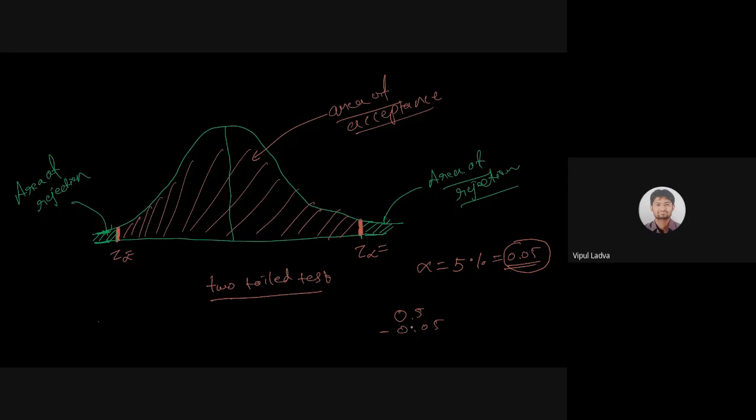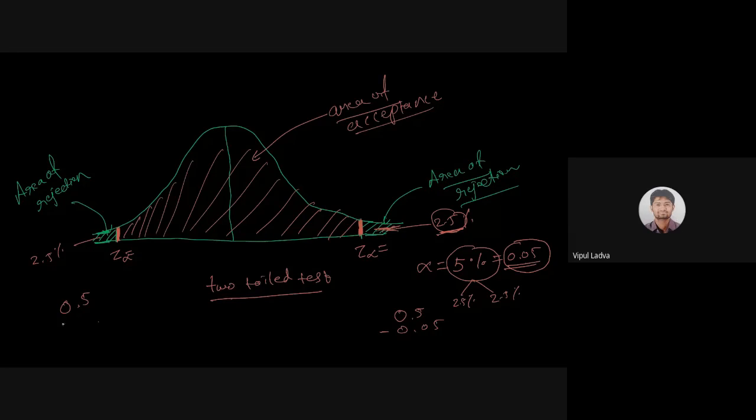Now what we need to do, I need to reject that 5% from both the sides, and that both side will be equally. So I will be dividing that 5% into two half, 2.5% and 2.5%. This will be my 2.5%, and this will be also my 2.5%. So what I need to do, I need to subtract 2.5% from 0.5 now.